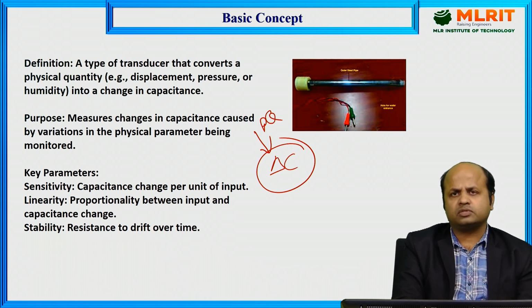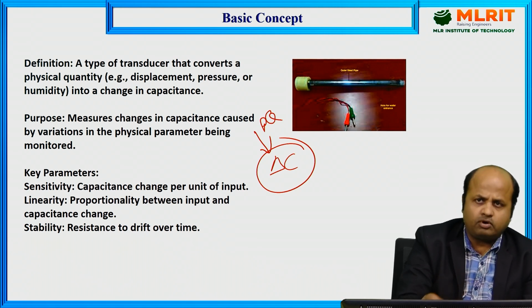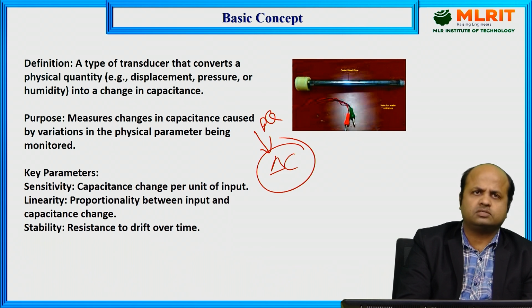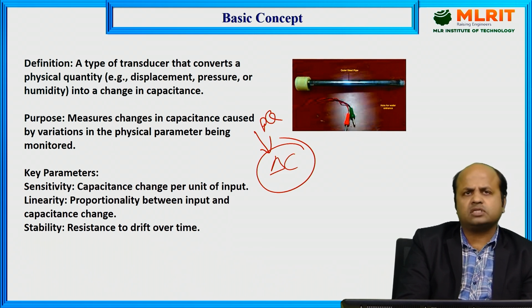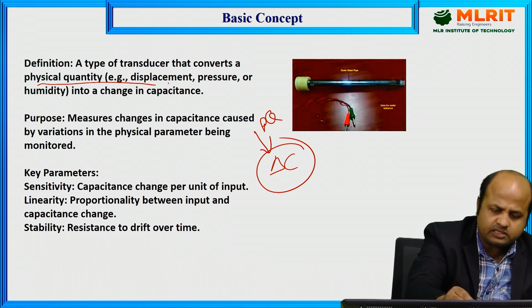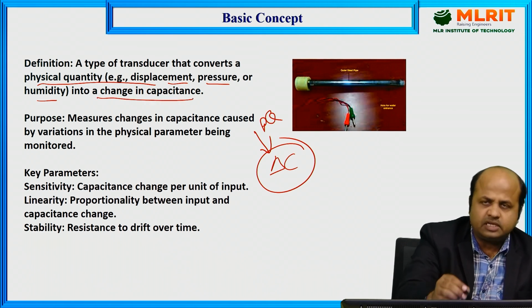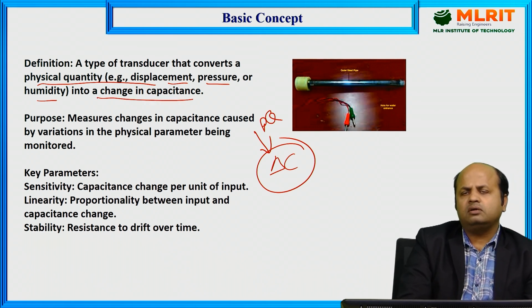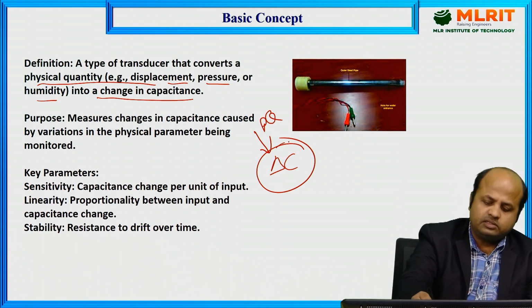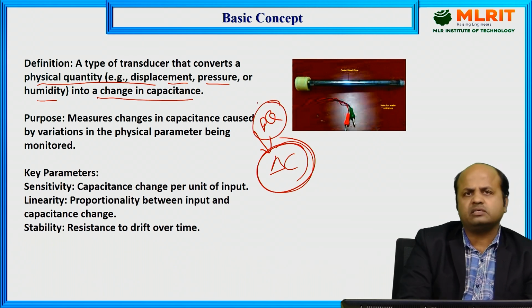capacitive transducer. First of all, we would like to discuss the definition of a capacitive transducer. A capacitive transducer senses physical quantities like displacement, pressure, and humidity by changing its capacitance.